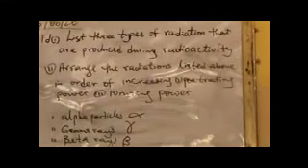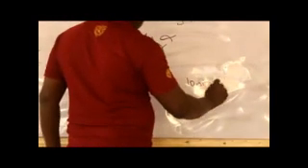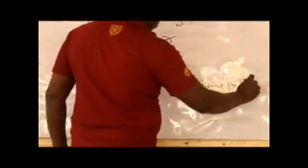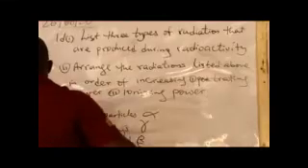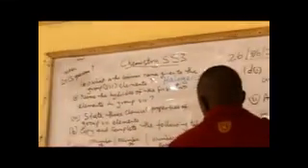Now, their ionizing power. Ionizing power is quite different from their penetrating power. In order of their increasing ionizing power, the one with the highest ionizing power is the alpha particle.